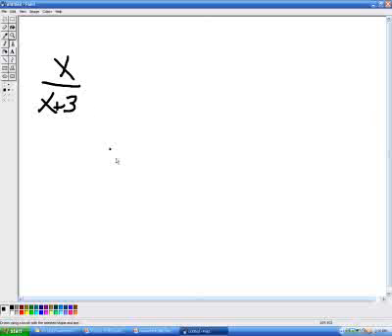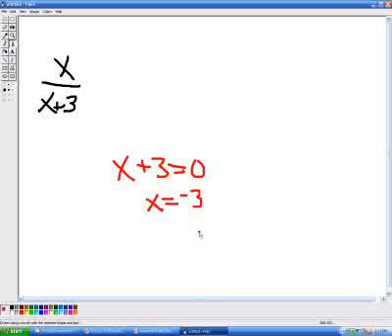So what we do is we take the denominator and we work it as if it was its own equation, and we find out when will x plus 3 equal 0. Well, it's pretty easy to see that x plus 3 will equal 0 when x is negative 3.